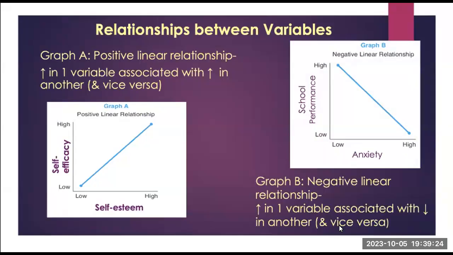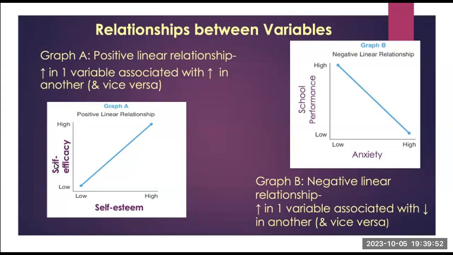In graph A, we're looking at the relationship between self-esteem and self-efficacy. So always when you're looking at graphs, the line on the bottom where it says self-esteem, that's known as the independent variable. That's the one that we believe will cause change or influence the second variable. The variable that is vertical, self-efficacy, we call that the dependent variable.